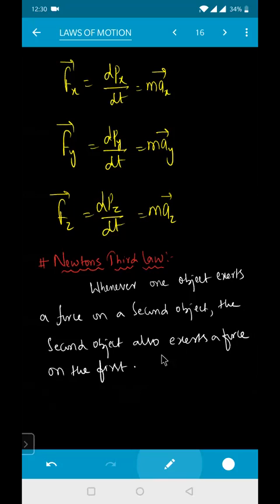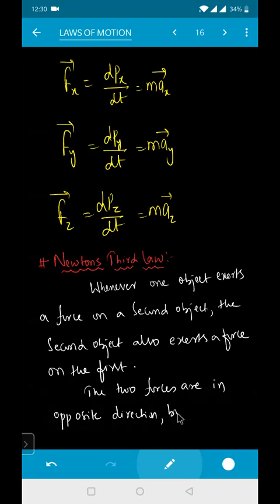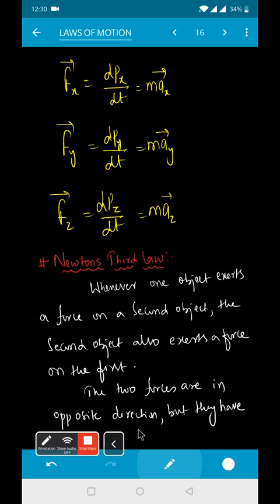So the two forces are in opposite directions, beta. This is very important to be remembered. The two forces which are acting are always in opposite directions, but they have equal magnitudes.